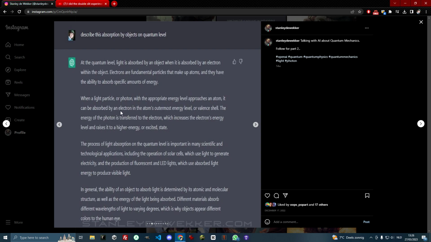So the electron absorbs light when it approaches the atom's outermost valence shell, and the energy of the photon is transferred to the electron, which increases the electron's energy level and raises it to a higher energy or excited state. So these electrons become more energetic when they absorb this light.